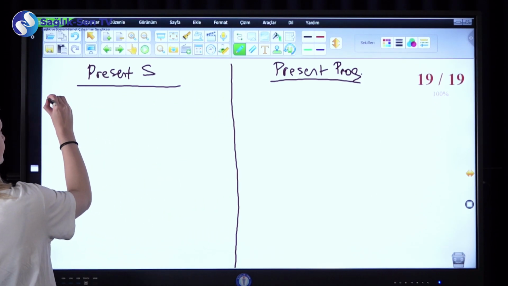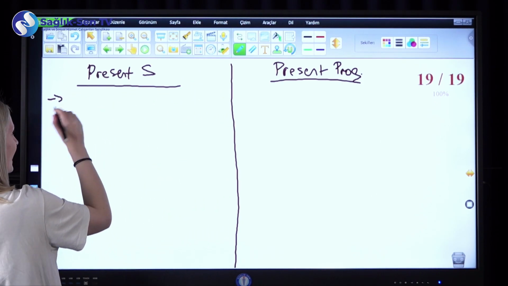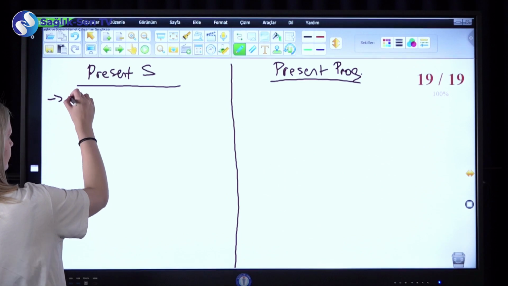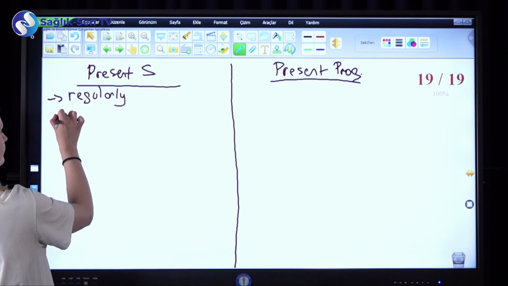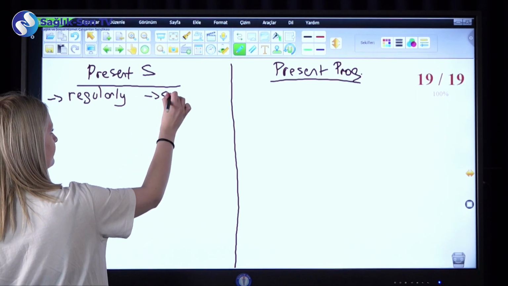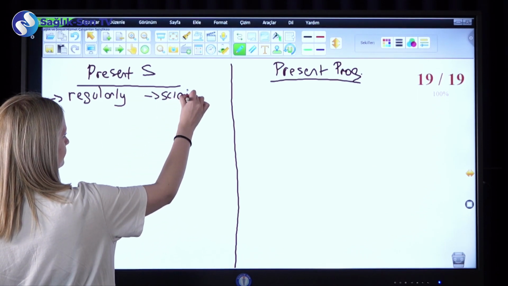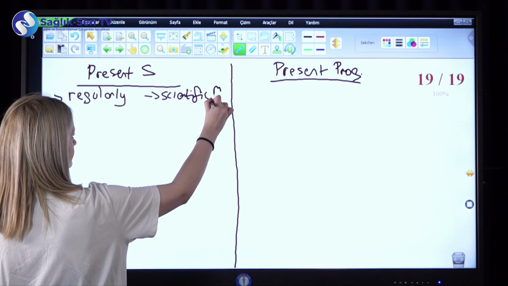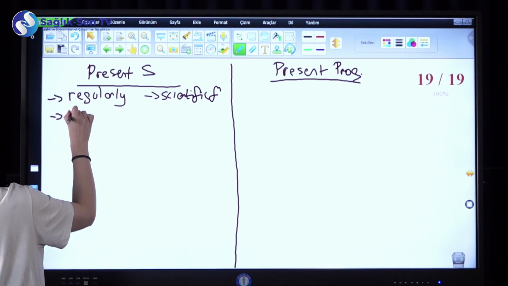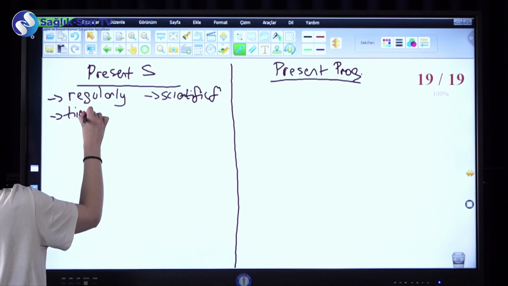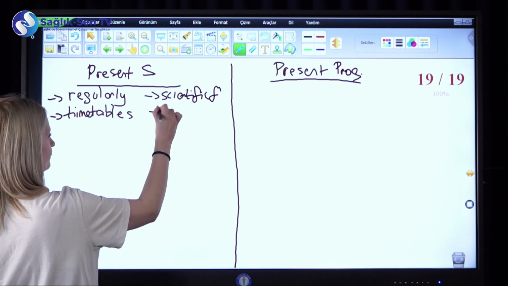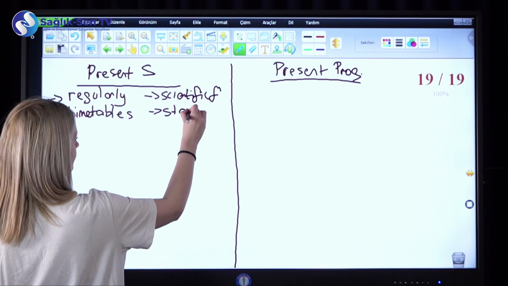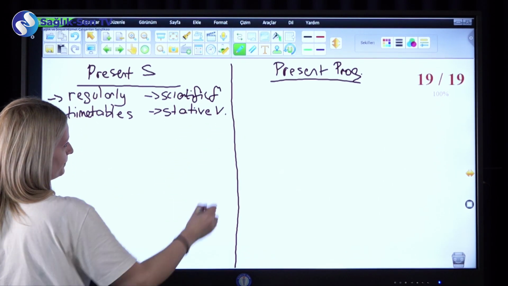In present simple, we are talking about actions that happen regularly, or scientific facts, or timetables, or stative verbs.